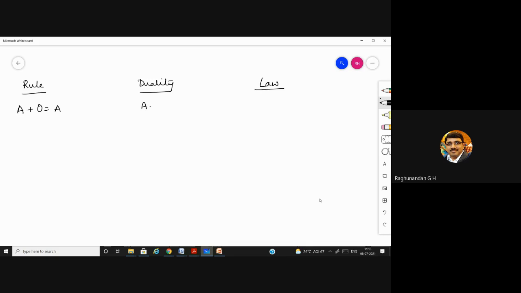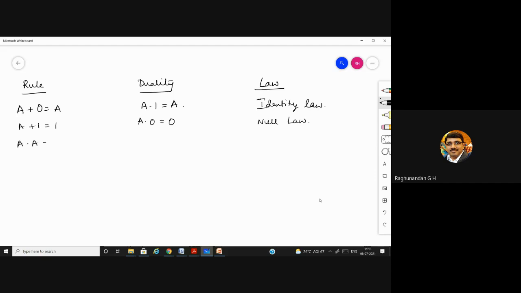That is a into 1 is equal to a. This is known as identity law. Next, a plus 1 is equal to 1, a into 0 is equal to 0. This is null law.